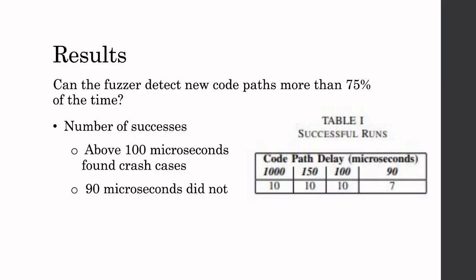Now, why did 3 runs of the 90 microseconds not succeed? Well, it was because with 90 microseconds, it sometimes just did not find the right code path.